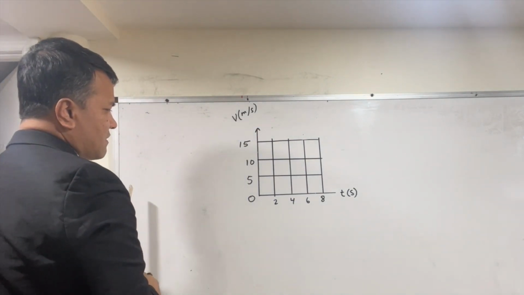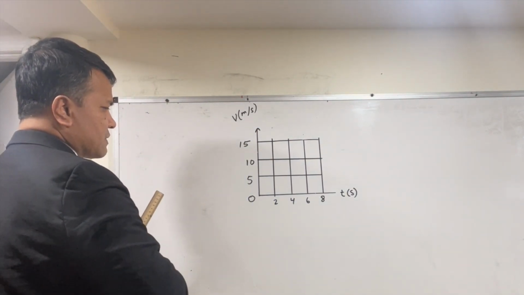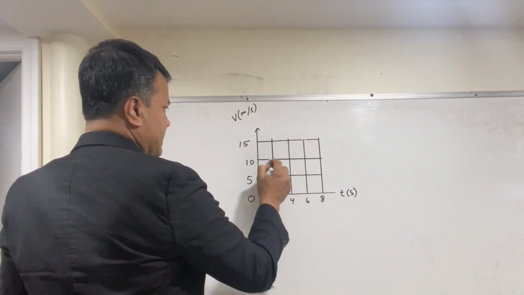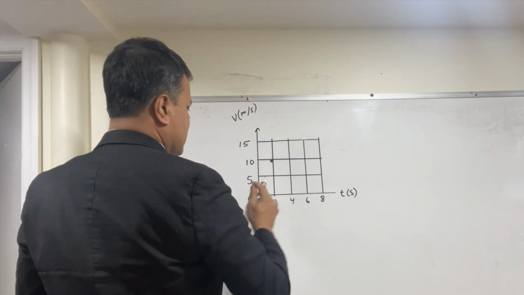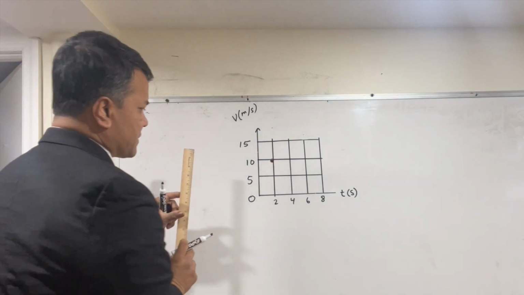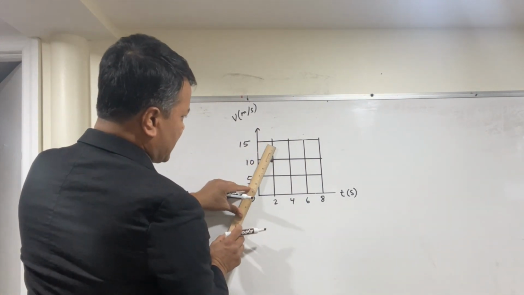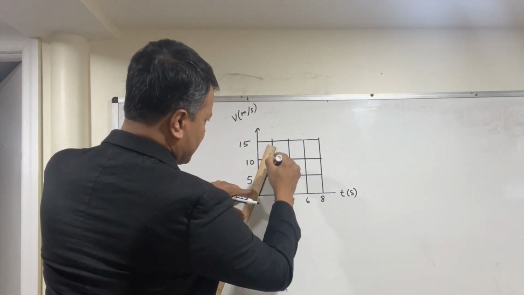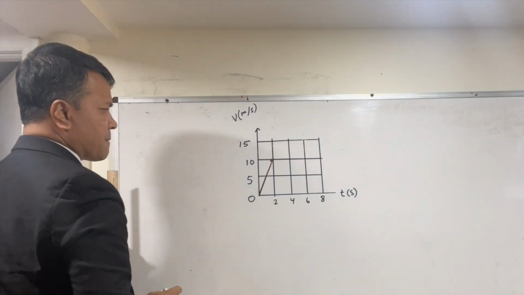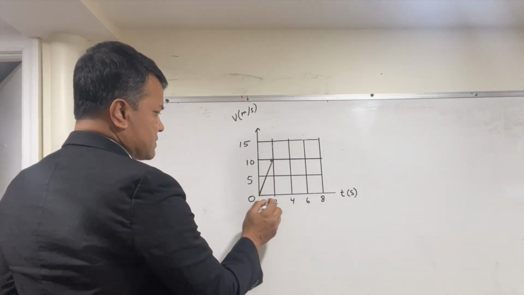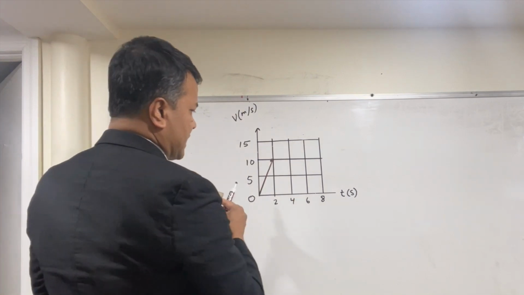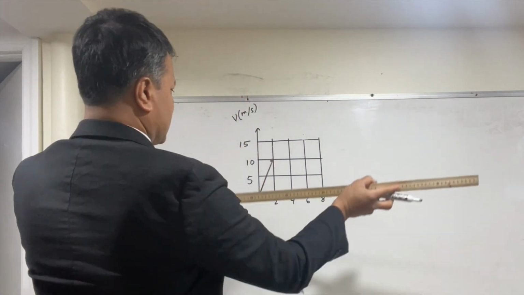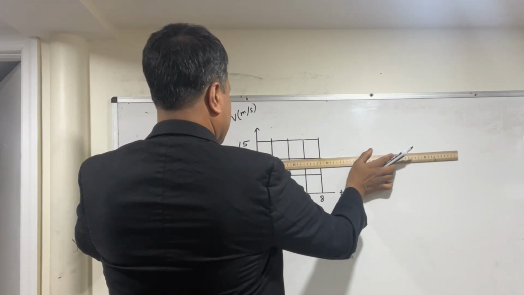Let's say from 0 to 2 seconds, the object accelerates, I don't know, 5 meters per second squared, right?